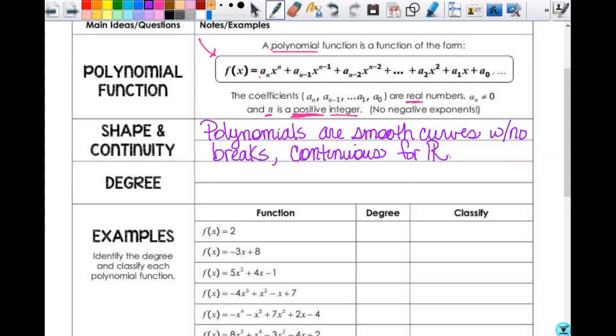The degree of the polynomial, because this is important terminology that's going to be part of your assignment here. The degree is the highest exponent. n is the degree.